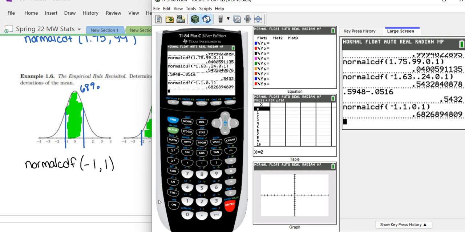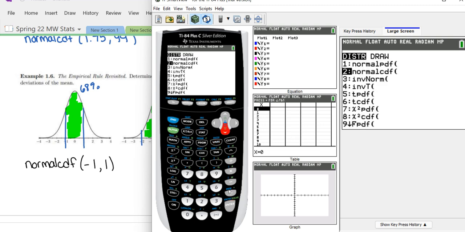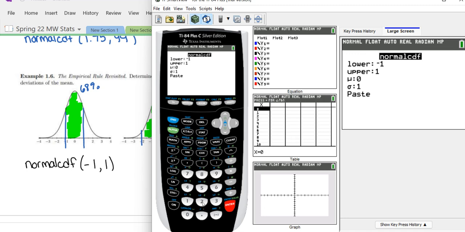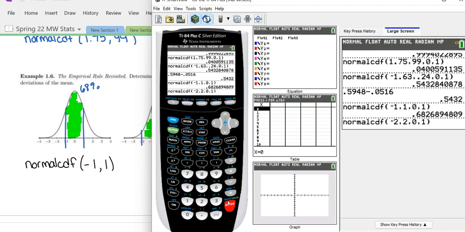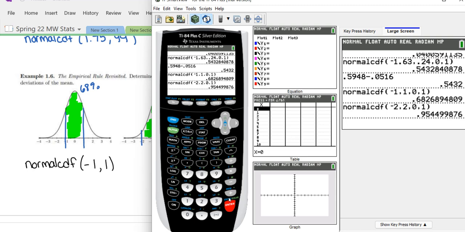So 68%. If I do the same thing with 2 standard deviations, -2, +2, I get 0.9545.